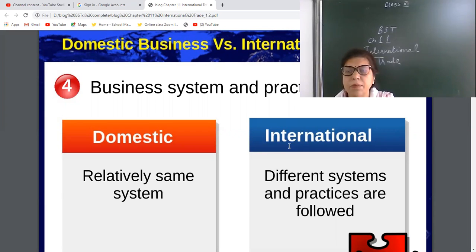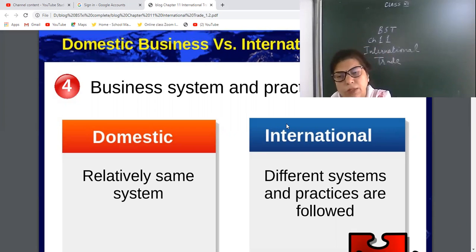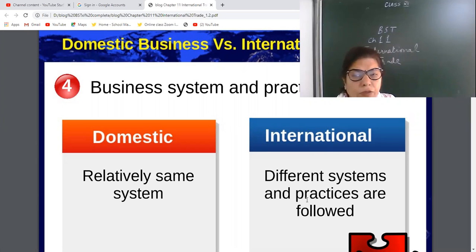Their payment mechanism may be different, their transportation system is different, their terms and conditions may be different. When we talk about international business, we have to keep in mind that this is dealing between two countries and they have different systems. So in international business, they follow different systems, different practices, and methods of dealing.